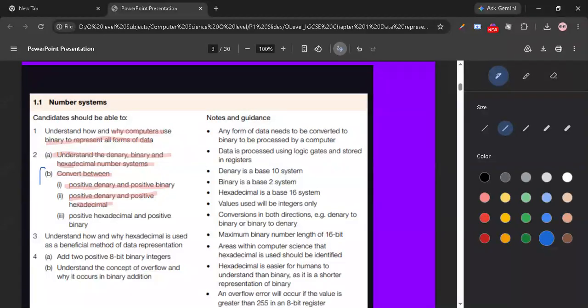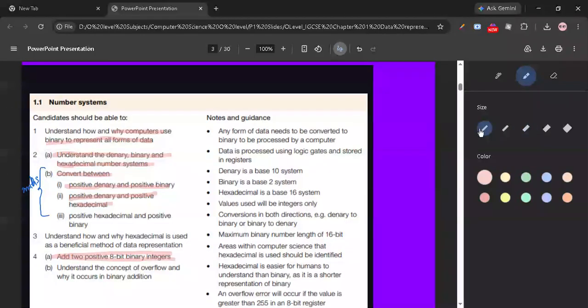These are basically maths. These are basic maths, so we just have to know some basic concepts of it.